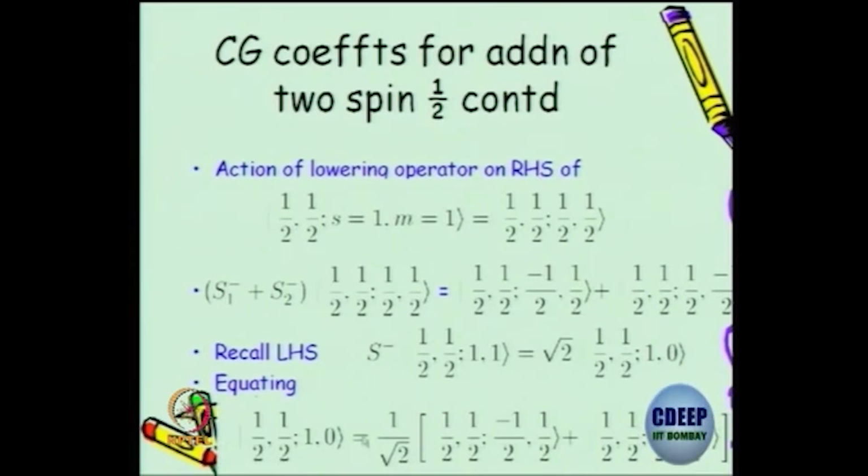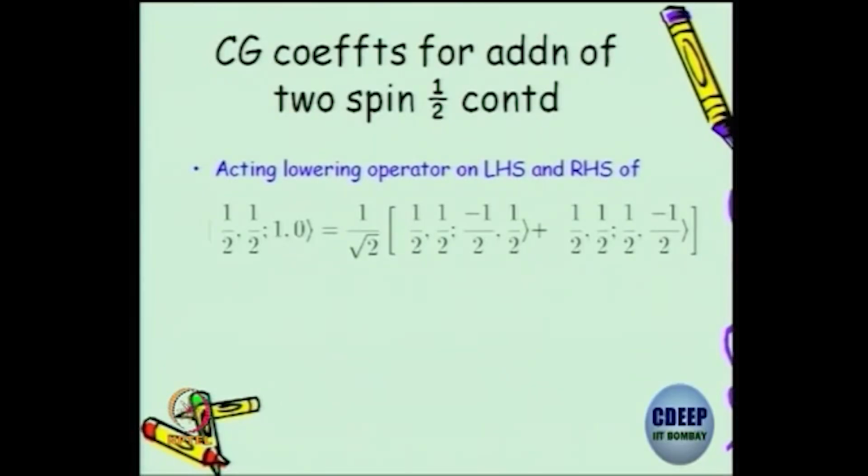And using this, we have written the uncoupled state with the magnetic quantum number as 0, which can be contributed by M1 and M2, the two possibilities. And it is the sum of those two with the coefficient 1 over square root 2. Is it normalized? It's normalized. So it becomes automatically normalized because we have taken care of that even in the construction.